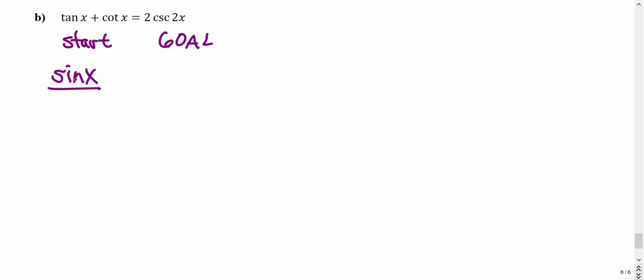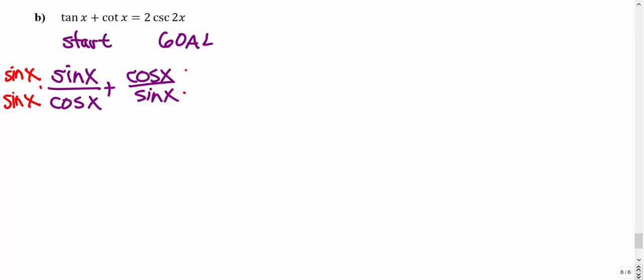I'm going to take tangent, write it as sine over cosine, plus cotangent, which is cosine over sine. I'm going to combine these two fractions into one fraction. In order to do that, I have to have a common denominator, and that LCD would be sine x cosine x. So I'm going to multiply the top and the bottom of this fraction by sine, and the top and the bottom of the other fraction by cosine.